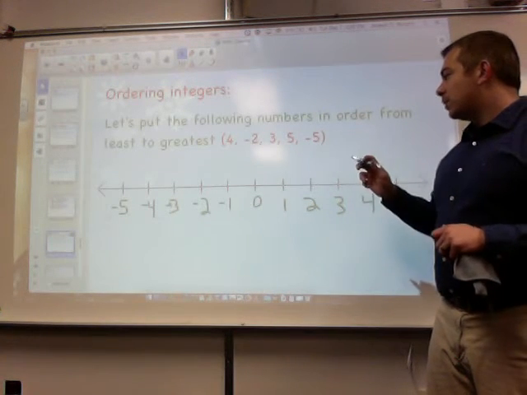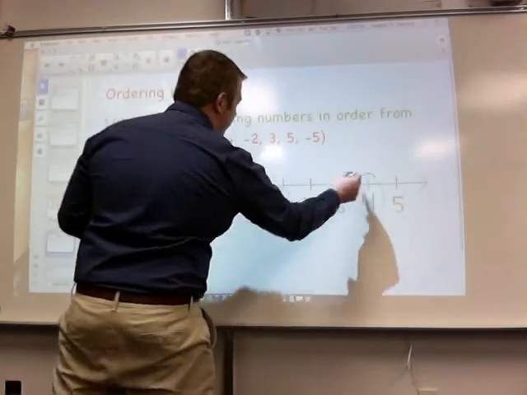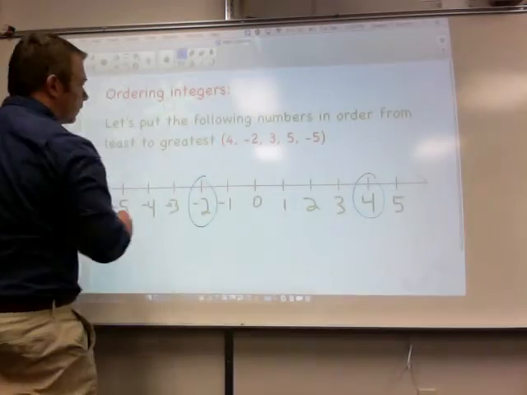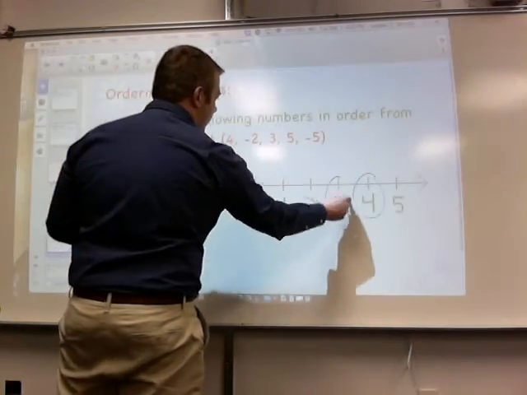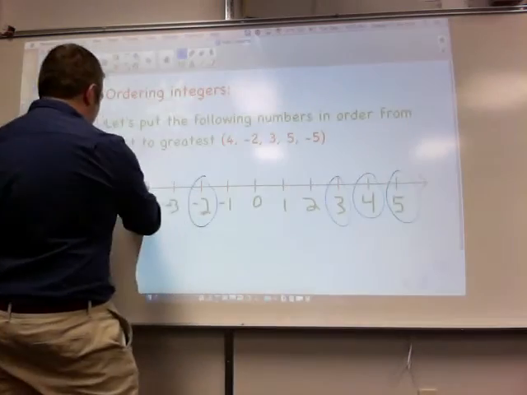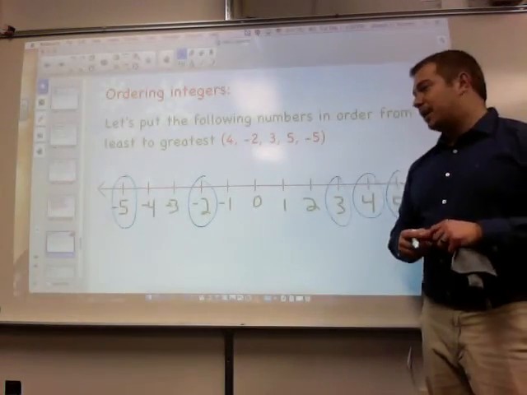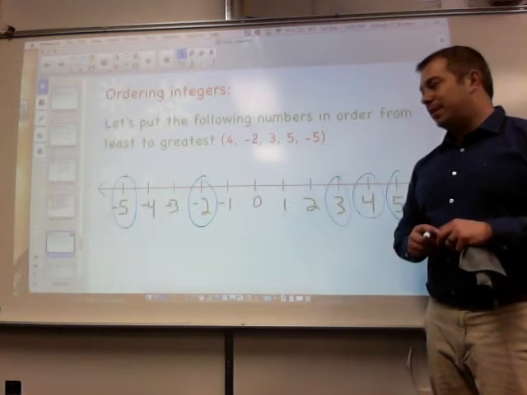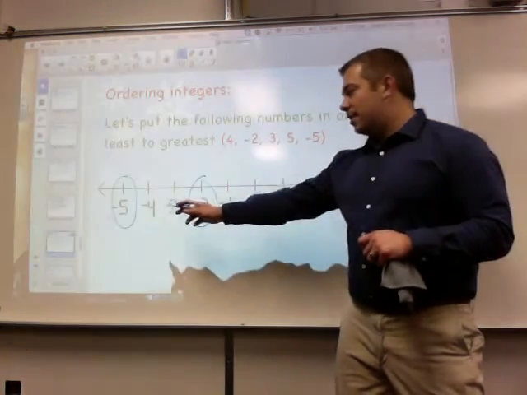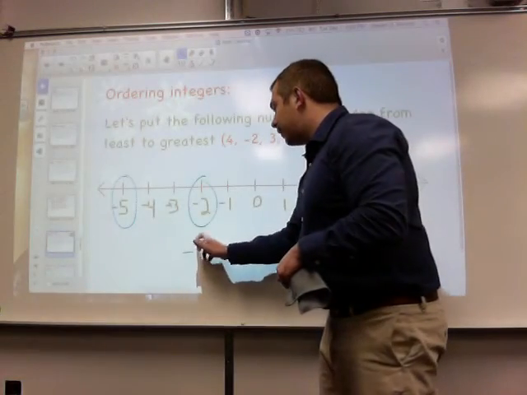So I'm going to circle all the numbers I have on here. I have a 4, I have a -2, I have a 3, I have a 5, and I have a -5. So now that I've circled all my numbers on my number line, it's pretty easy to see which one's the smallest and which one's greatest. -5 is the furthest to the left, the furthest away from 0, so -5 is first.